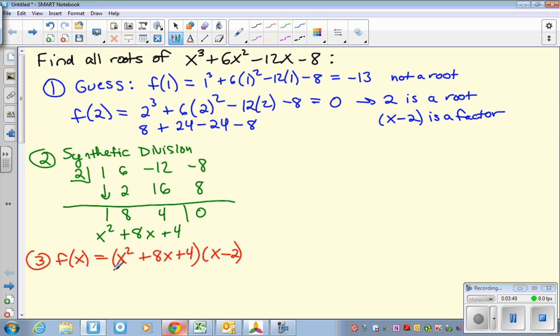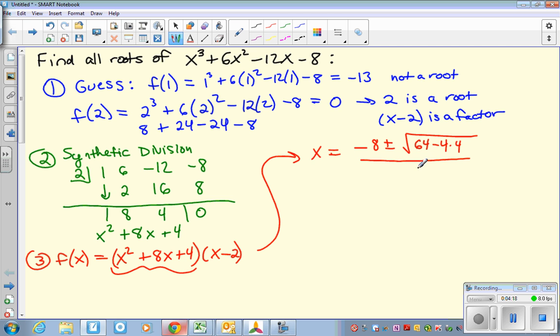So instead of factoring, I'm going to do the quadratic formula on this, and coming over here to do that. X is going to be equal to the opposite of b, so negative 8, plus or minus the square root of b squared, 64, minus 4 times a, which is 1, times c, which is 4, all over 2a, which is 2.